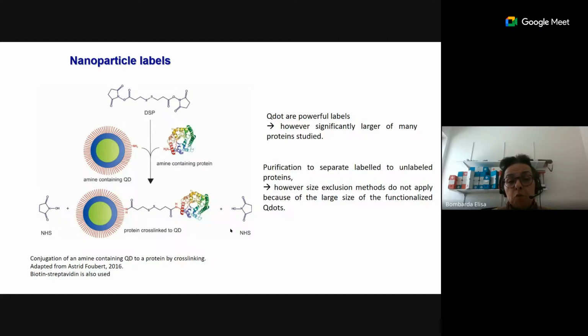So if it's okay for you, I can just start to introduce the next topic, fluorescence probes in amino acids. Or if not, I stop here. That is up to you.